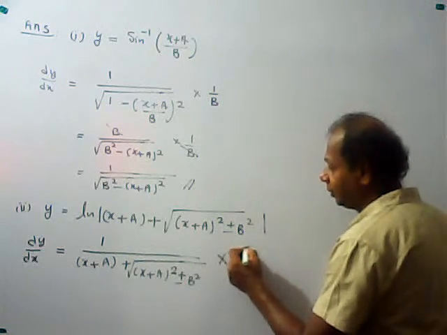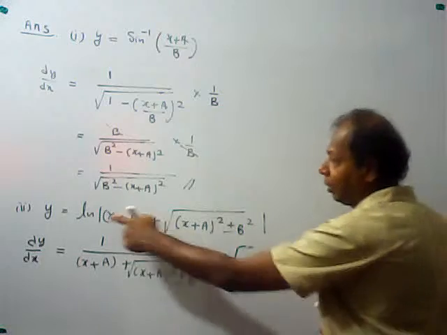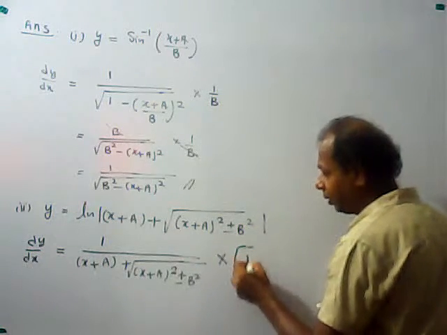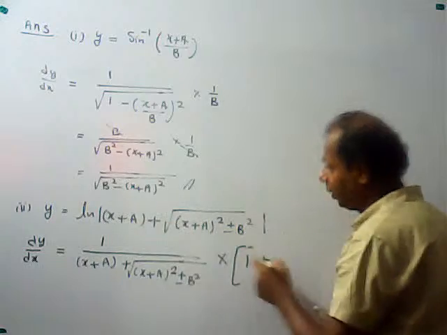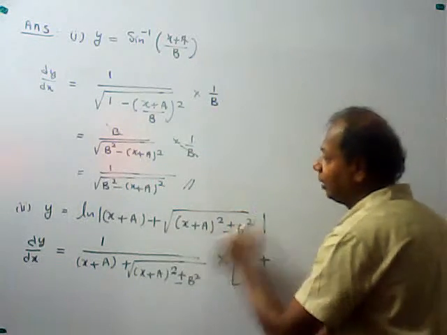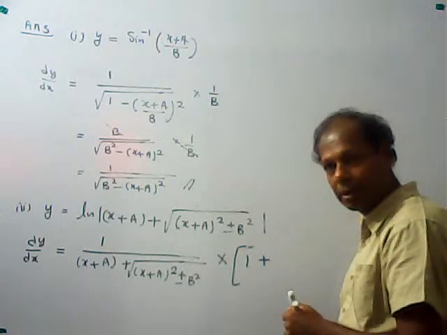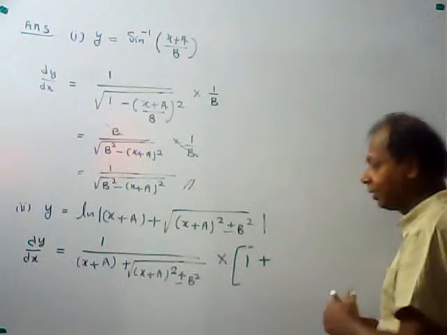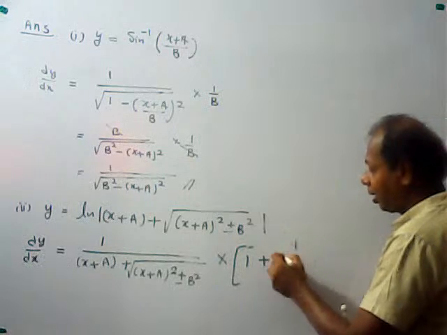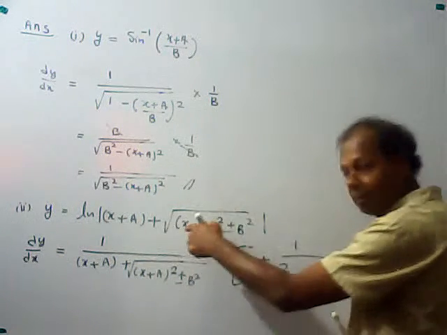Differentiating the inner function, we get x differentiating 1, plus a gives 0, then differentiate this. Here the outer function is square root, that is to the power half. Differentiating that, it is half, this to the power minus half.